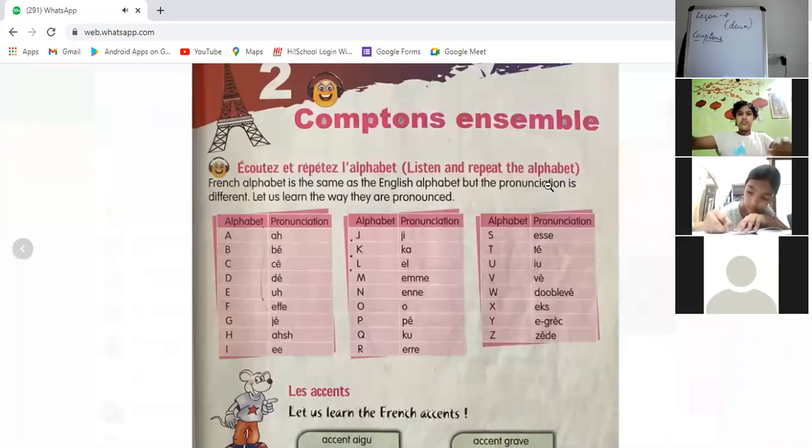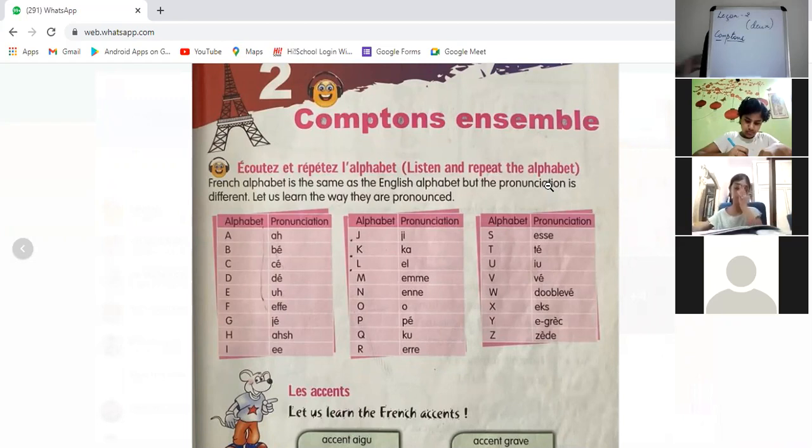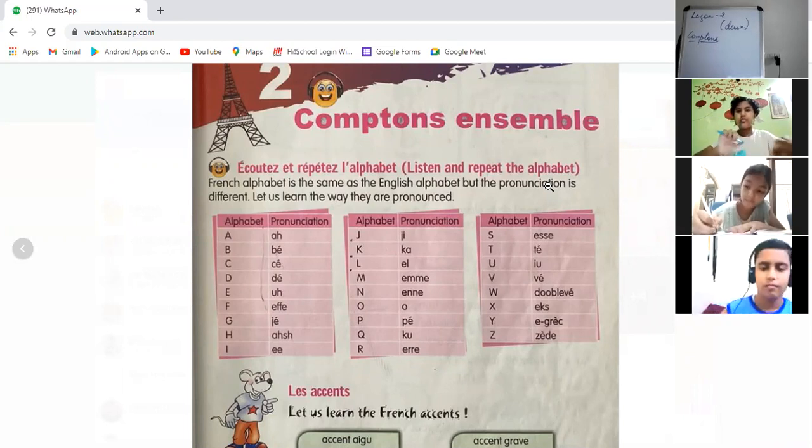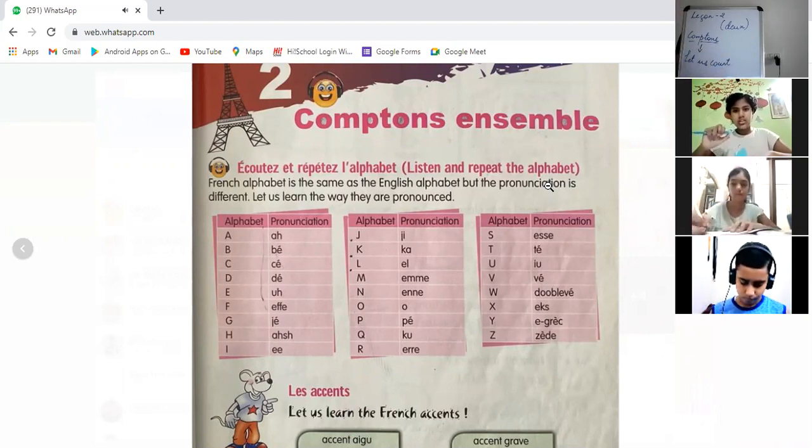Ma'am, we have to write this which you are writing on the whiteboard. Yes, beta, you have to write it. That is why I said take out your copies. What do you mean by Comptons? Comptons means let us count. This entire word means let us count.